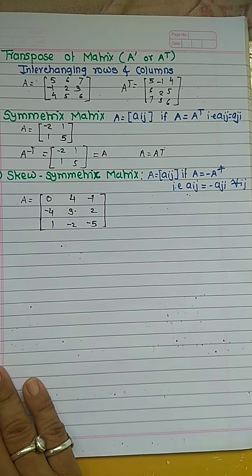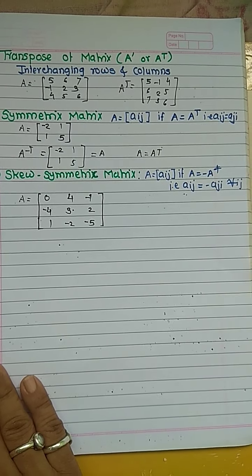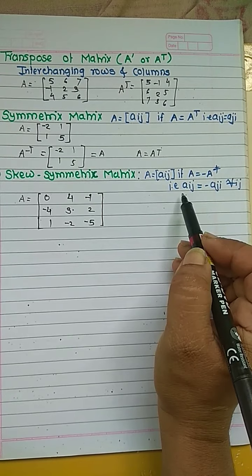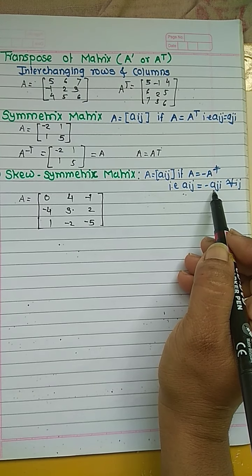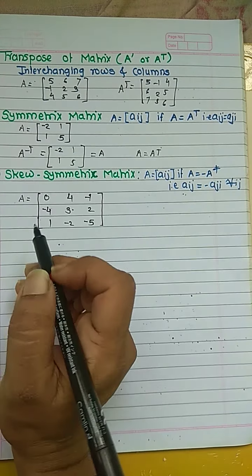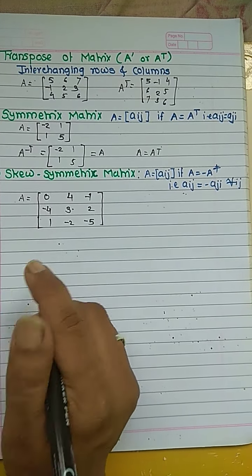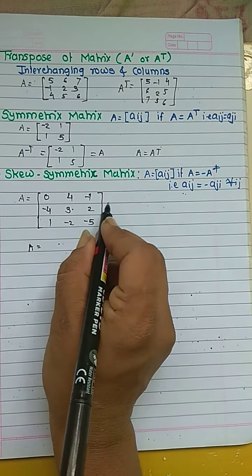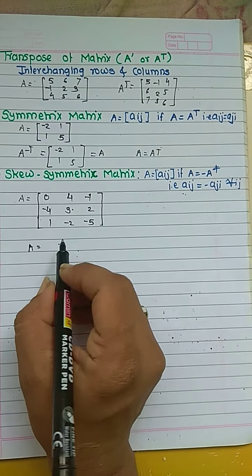Second, skew symmetric matrix. A matrix A equal to aij, if A equal to minus A transpose, that is elements aij equal to minus aji for all i and j. Taking an example of a skew symmetric matrix, A contains elements 0, 4, minus 1, minus 4, 3, 2 and third row elements 1, minus 2, minus 5.